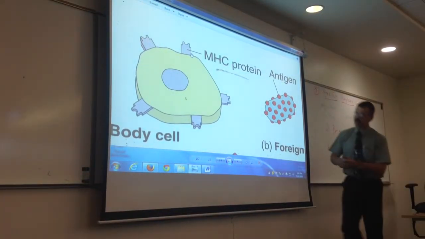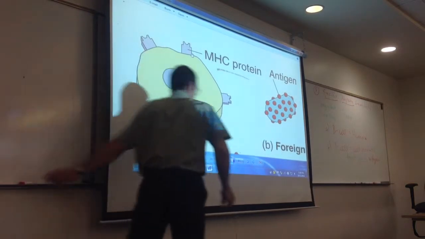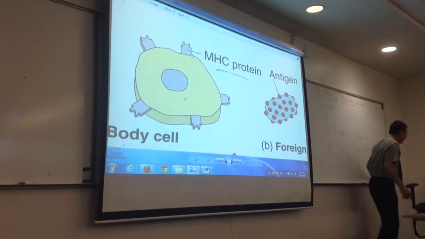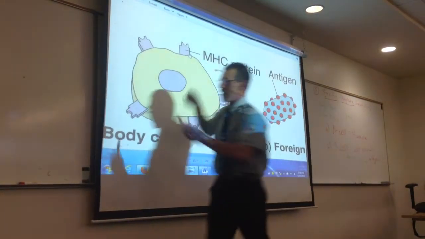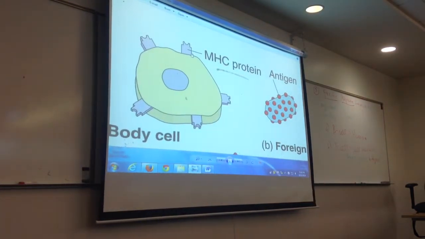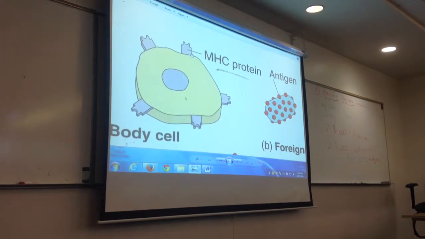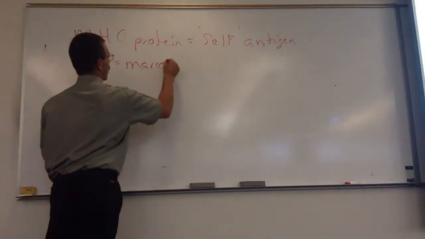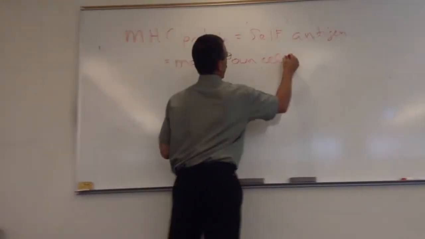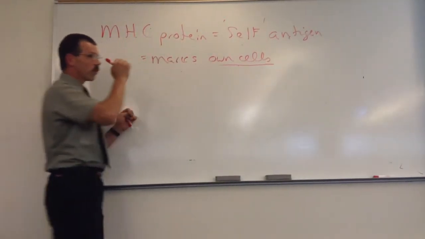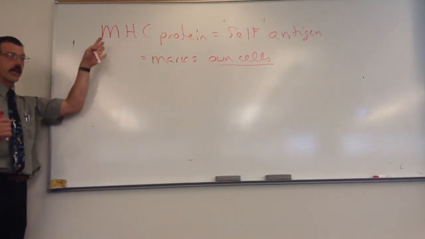And so on your body cells, I'm going to put it over here so Cody can't see it. We're going to have to give that a name. That thing there, that MHC protein, is usually called your self antigen. What's it mean, self? It recognizes who you are. Recognize who I am. So this marks your own cells. So all of your own cells will have an MHC.